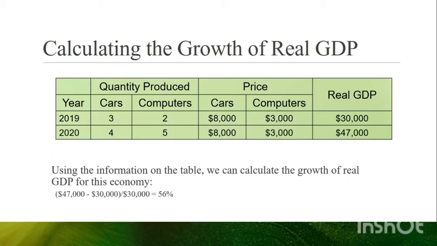So as you can see, in 2020, which is the current year, the real GDP is $47,000 minus the real GDP in the base year, which is $30,000, divided by the $30,000, which is the real GDP in the base year, multiplied by 100. By doing the simplification, the basic mathematical operation, you can see that between 2019 and 2020, the GDP has shown a growth rate of 56%.